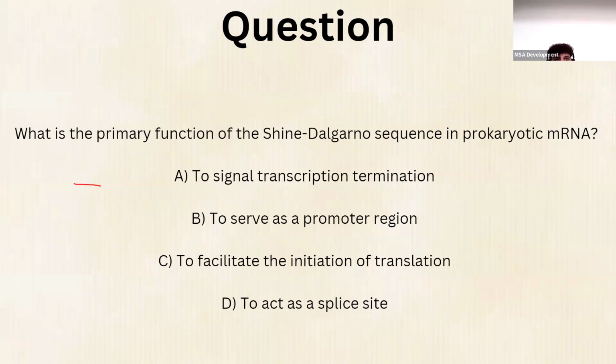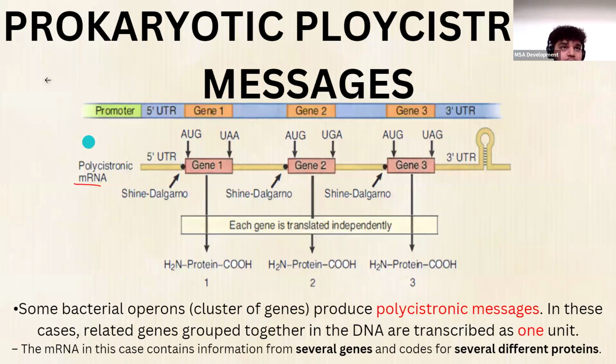Question: what is the primary function of the Shine-Dalgarno sequence in prokaryotic mRNA? I just went over it quick and we'll go more into details later on. But what did I say? 3, 2, 1. It will facilitate the initiation of translation. So we have transcription, produced mRNA, and then Shine-Dalgarno will initiate translation.